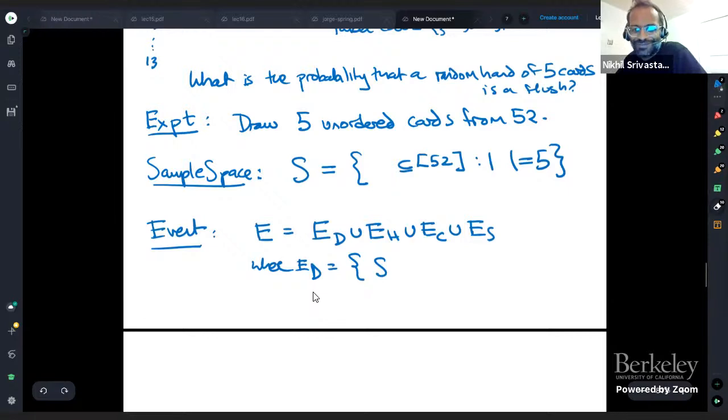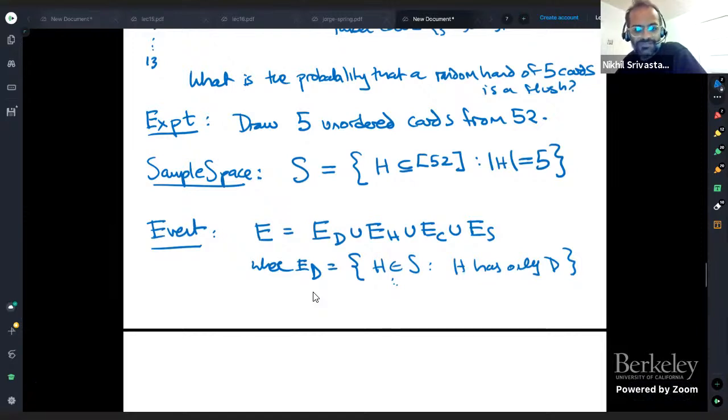Don't use the same letter twice. Let's call this H for hand. So it's a set of all hands in the sample space such that H has only diamonds, and so on.